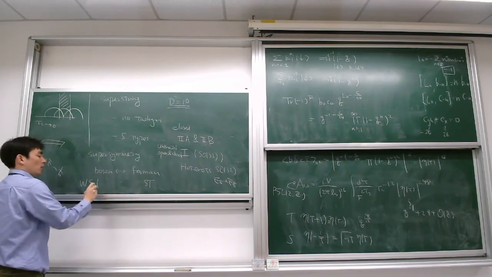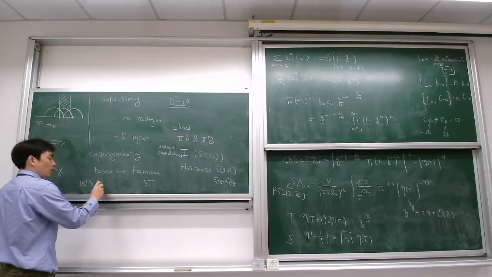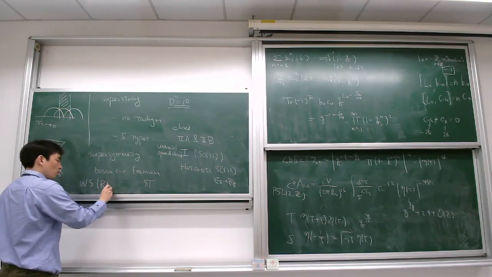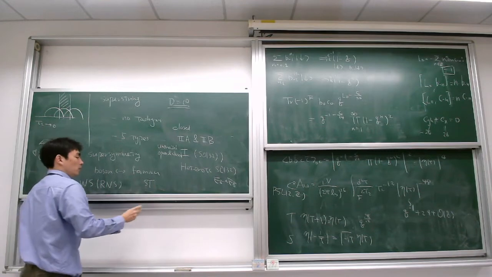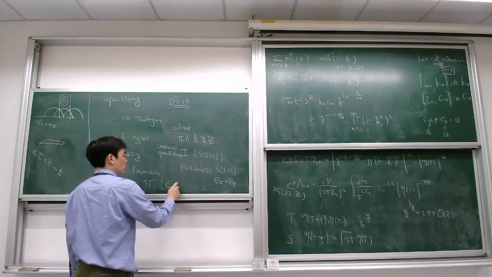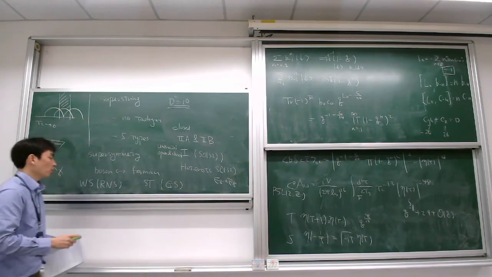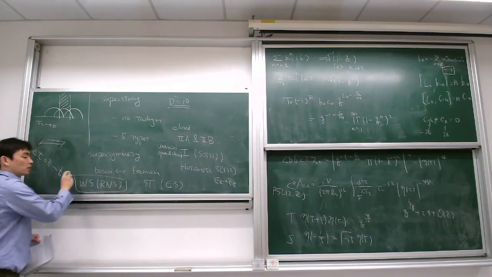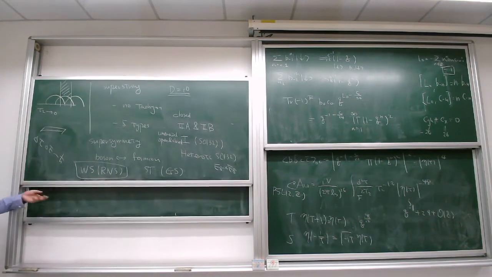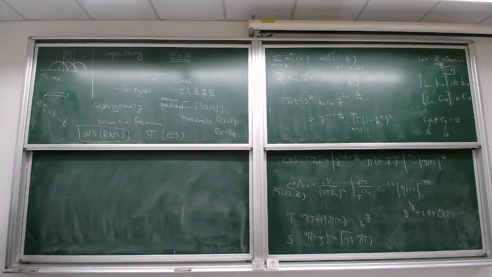The worldsheet formulation is called the Ramond-Neveu-Schwarz formulation, and the space-time formulation is the Green-Schwarz formulation, and we will pick this perspective.